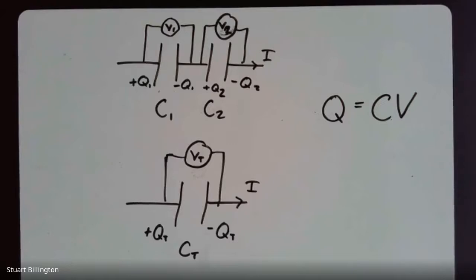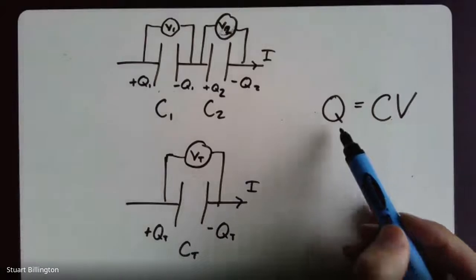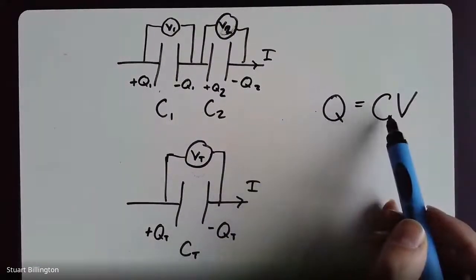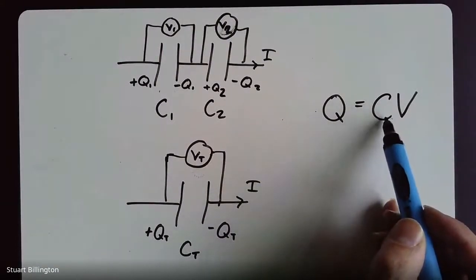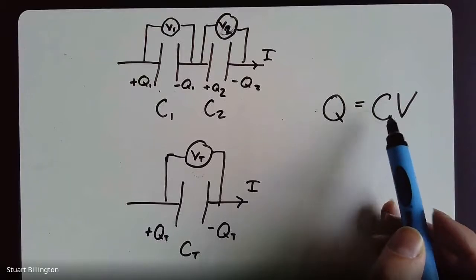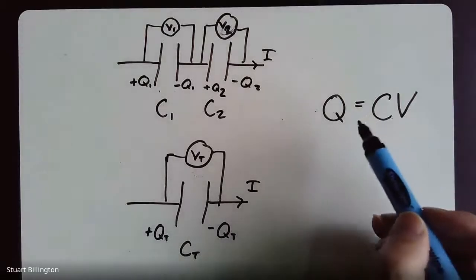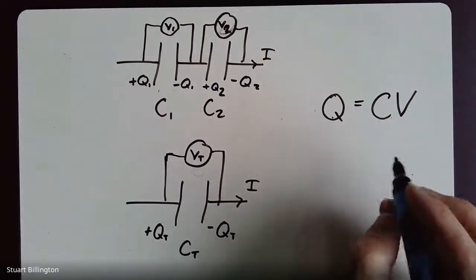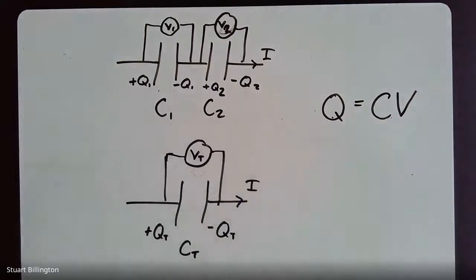You might remember from resistors where we used V equals IR that we're going to use this formula to get a formula with C's in. And we're going to do that by substituting it into another formula and then eliminating something that's the same.